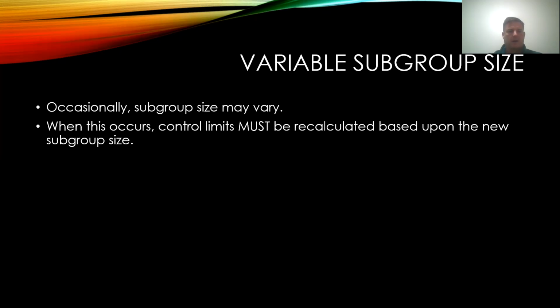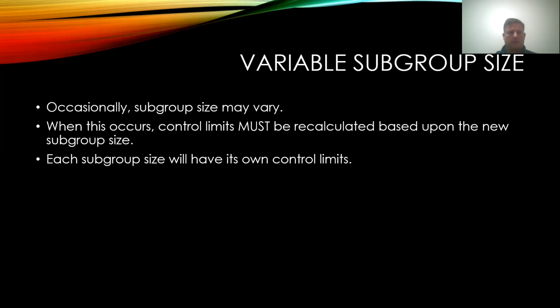And then from that, you're going to see the control limits must be recalculated based on the new subgroup size. As you're changing your subgroups, the control limits must change with it as well, so that you can see if the process is working or not. Each time you change that subgroup size, it will have its own control limits.